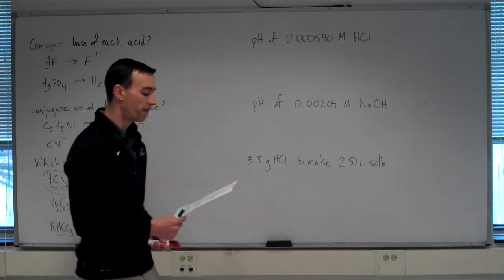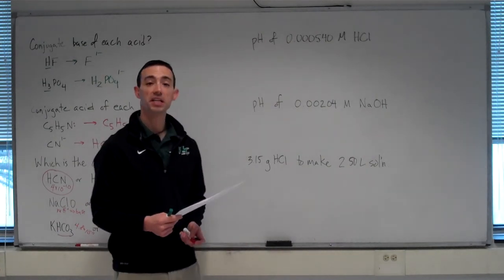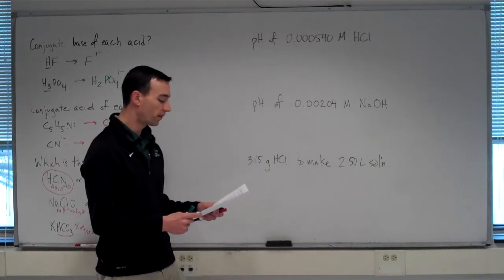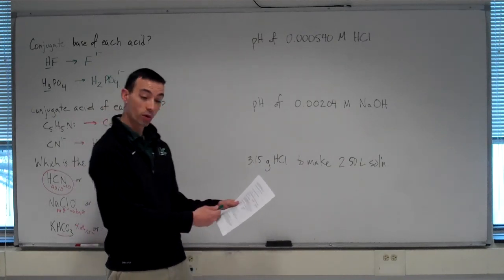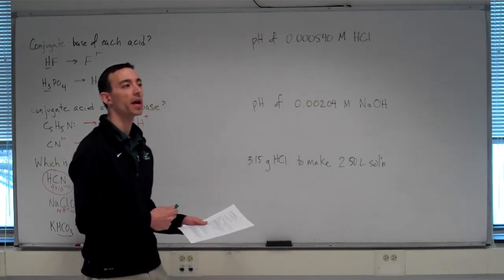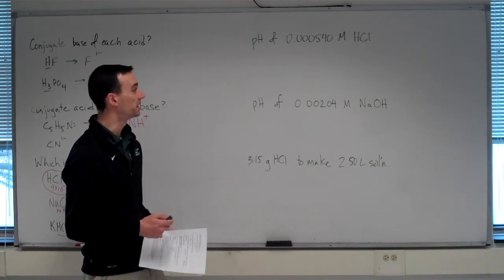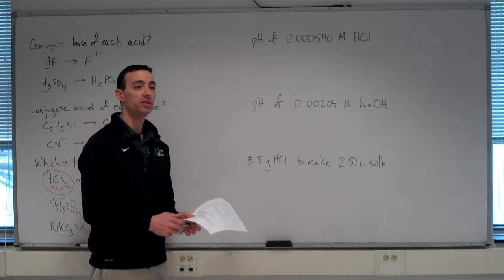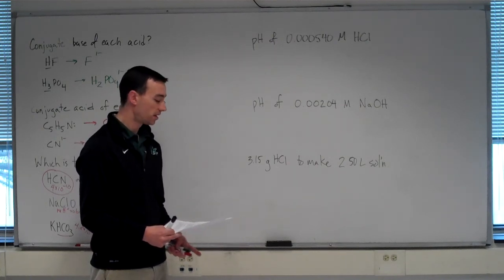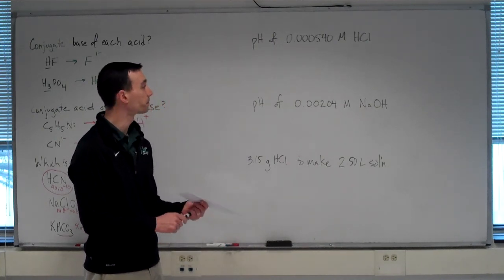Next question on the sheet focuses on finding some pH values, and these all involve strong species. That's where we started. Later on in the worksheet we'll work with some equilibrium reactions for weak acids and bases. But for right now these are strong acids and bases, and that allows us to quickly determine some of the important information.